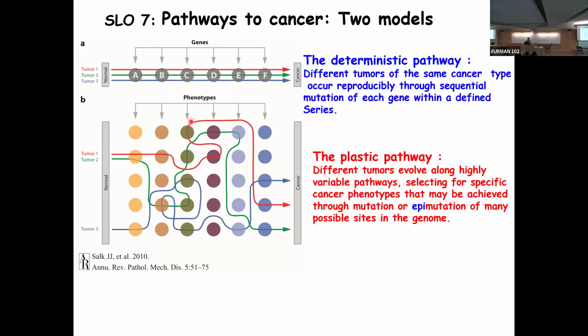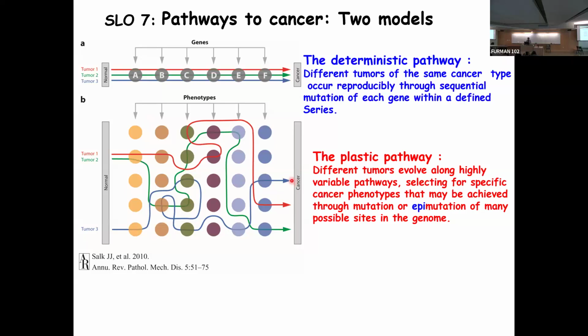That's never the case, because it's more of a plastic pathway. There is a lot of plasticity and flexibility for each tumor to choose any pathway it wants. It's more of a maze, where individual tumors of a given organ or tissue type can follow multiple mediators or modes of action, ultimately leading to the same goal of transformation.